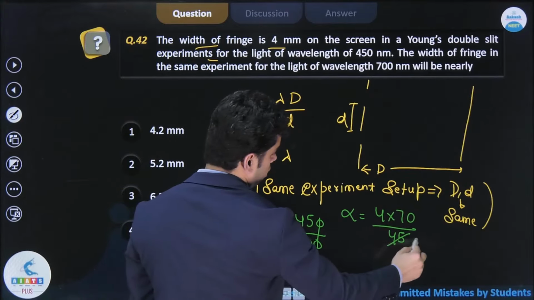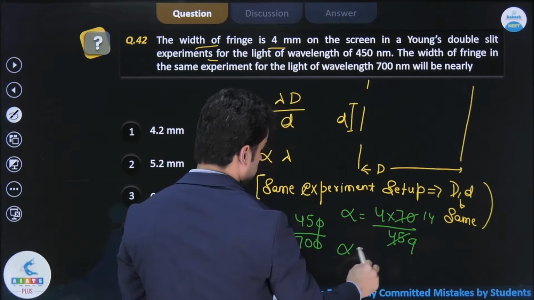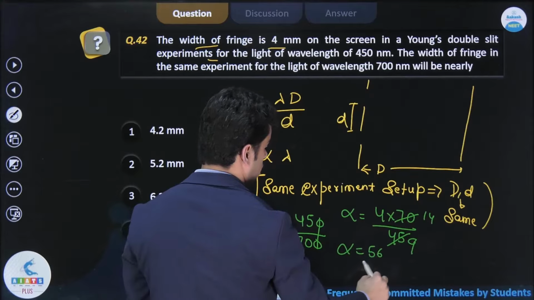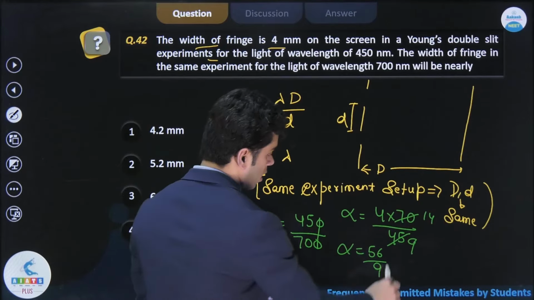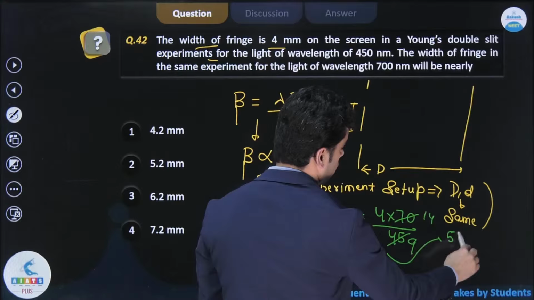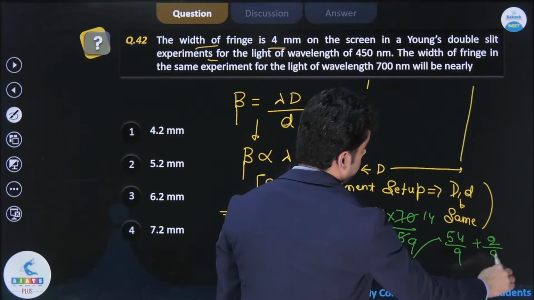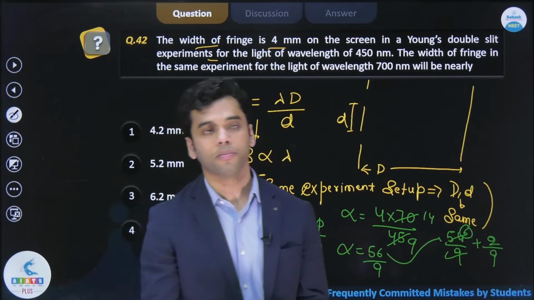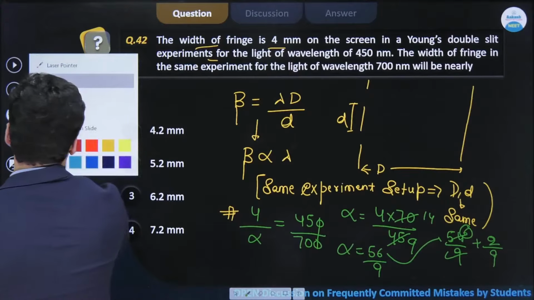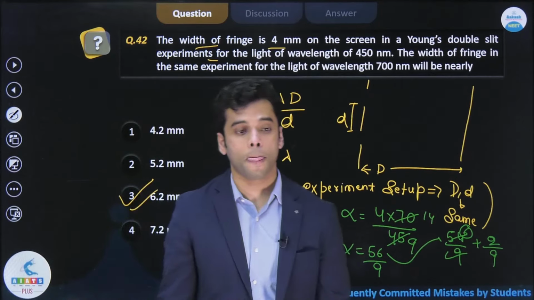So alpha is 56 by 9. No need to calculate it exactly. It can be broken down as 54 by 9 plus 2 by 9, and 9 6s are 54. So the answer is very close to 6 point something, and the only option given is option 3. So the answer should be 6.2 mm.